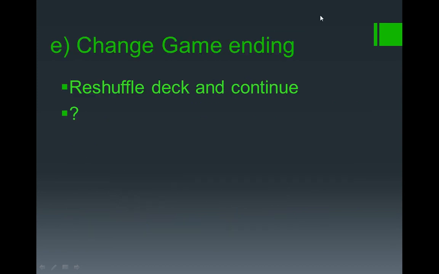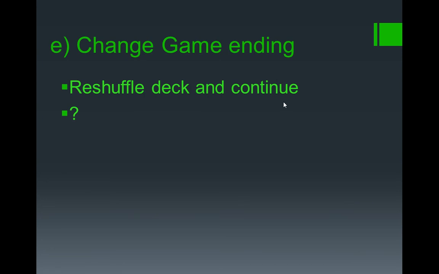Changing the game ending. Okay, so at the moment, if you get all the way through to 52 cards, you score 52, which means 52 is the biggest score you can possibly achieve. But there's no reason why we couldn't reshuffle the deck and continue. Fairly simple procedure. All of the code for doing that already exists in the game somewhere else.